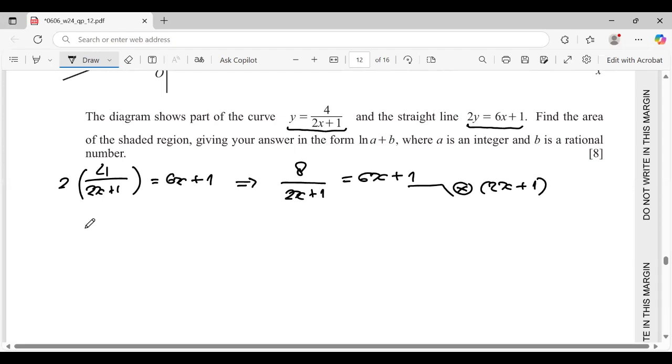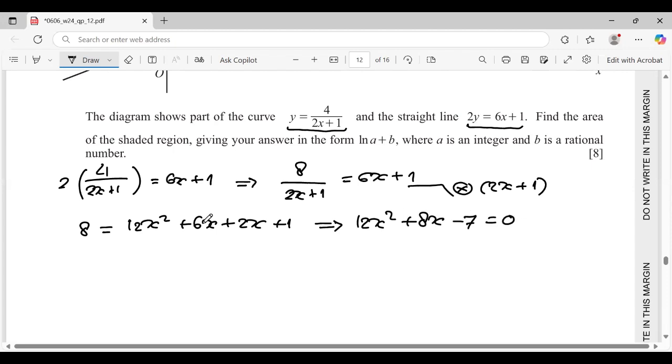So it's going to be 8 equals 12x squared plus 6x plus 2x plus 1. It becomes 12x squared plus 8x minus 7 equals 0, because 1 minus 8.